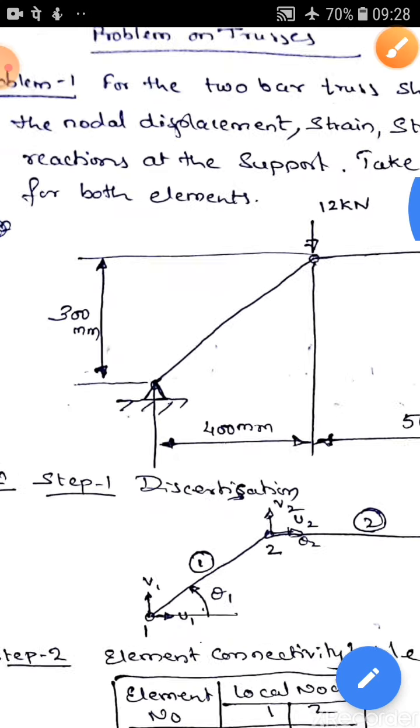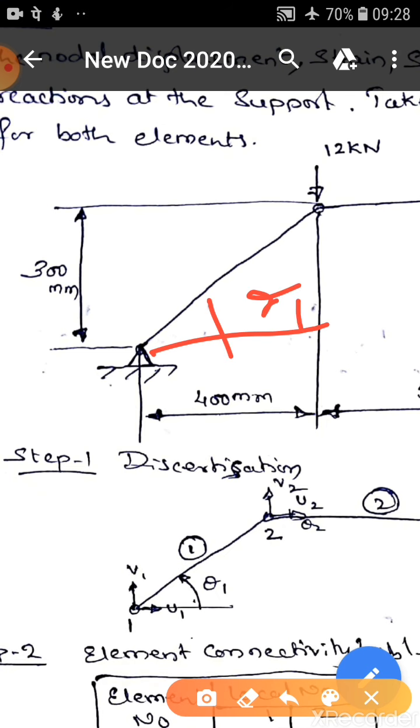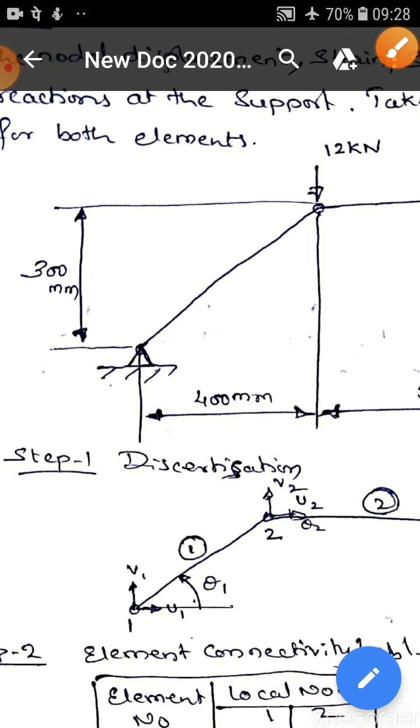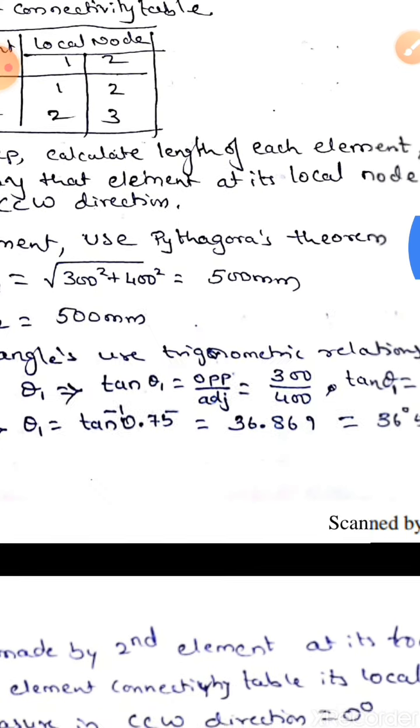You can use tan theta, which is opposite divided by adjacent. Theta is equal to tan inverse of that value, and you can get it. You can use cos also, which is adjacent by hypotenuse. Sin is opposite by hypotenuse. Those relations you use to determine the value of theta 1.